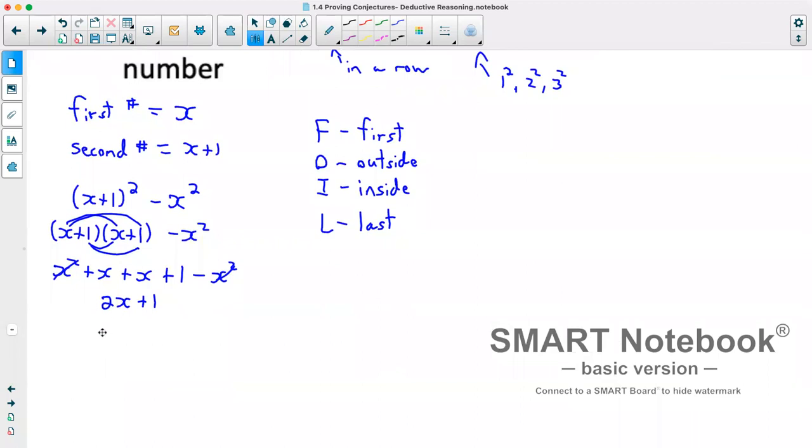Now, if you notice this term here will always give us an even number, as long as that x value is an integer.